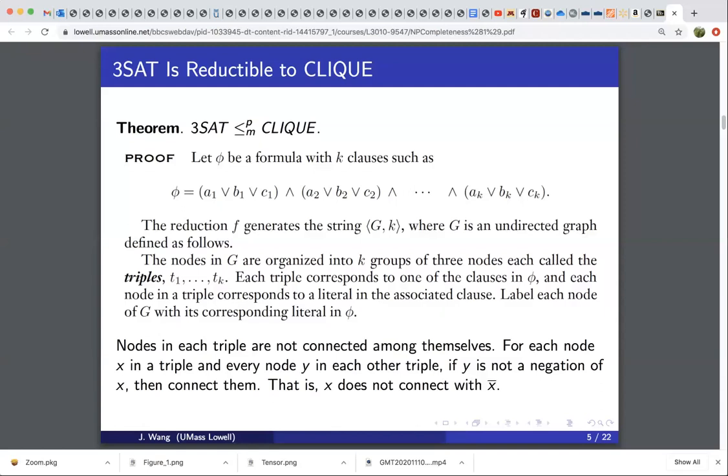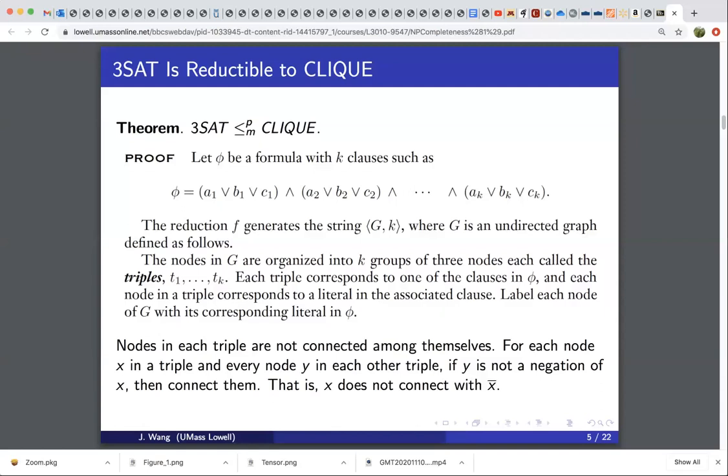So we no longer use reduction to generate something that represents a computation history of a Turing machine.